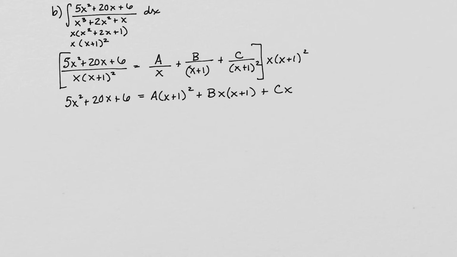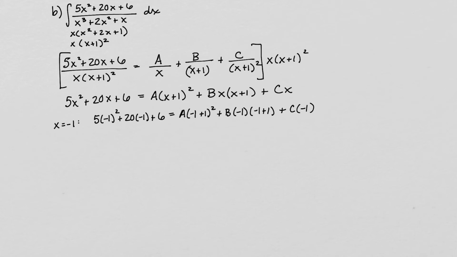Okay. So we need to figure out what A is, what B is, and what C is. And we can get some of them using the trick we did last time by picking some nice values for x. So anybody think of a nice value for x that I could plug in that might make some things go away? Yeah, -1. So if we let x be equal to -1, we'd have 5 times -1 squared plus 20 times -1 plus 6 is equal to A times -1 plus 1 squared plus B times -1 times -1 plus 1 plus C times -1.